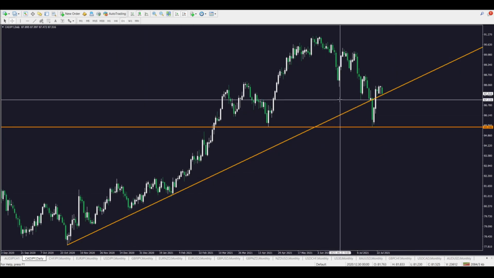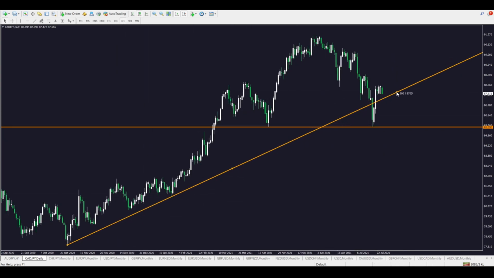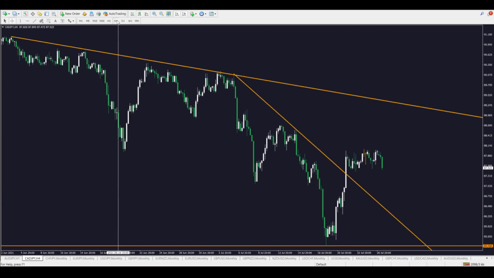Daily, so we have the bullish trend. Price broke the bullish trend line, found support, started going up, and it's struggling about here, which is basically resistance from here and here, and previous support right here and right here. So let's see H4.